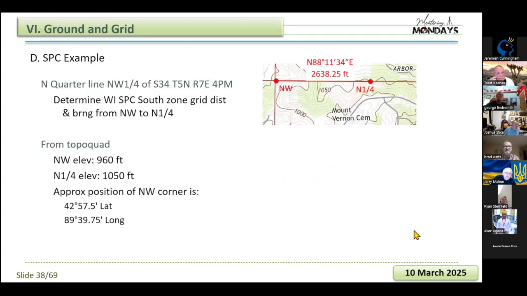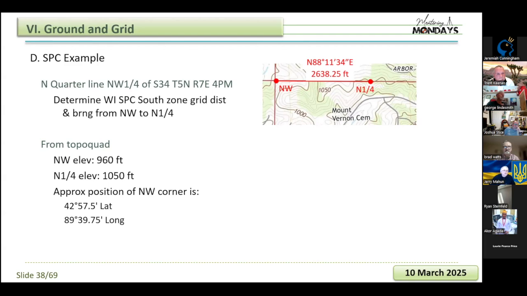Let's look at an example of how we pull some of this stuff together and the kind of effect it has. This is the north quarter line of the northwest quarter of section 34 in Dane County, Wisconsin.